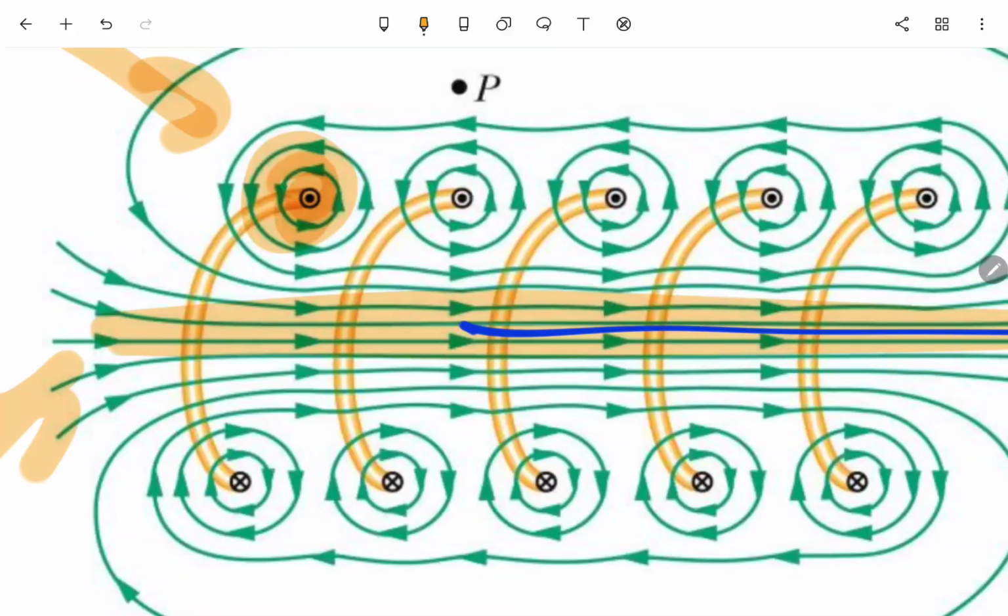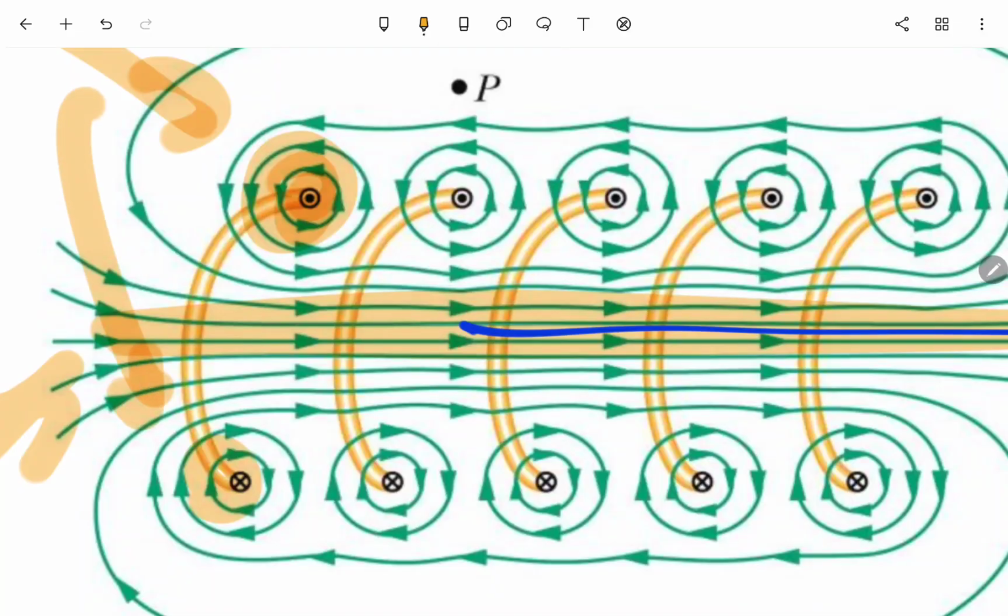Using your thumb to follow the direction of the current, which is out of the page here, your fingers will curl counterclockwise. Here your thumb follows the current, which is into the page, so your fingers will curl clockwise.